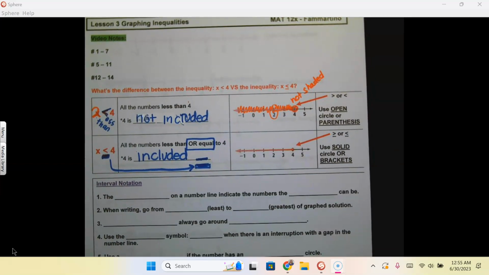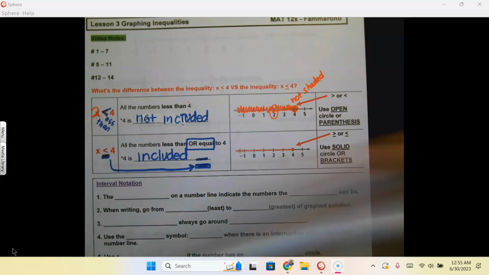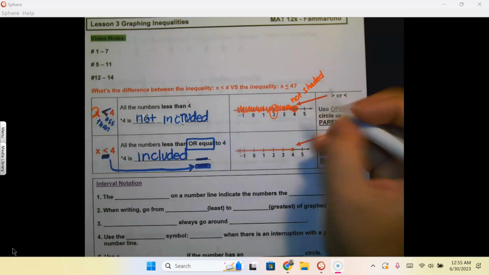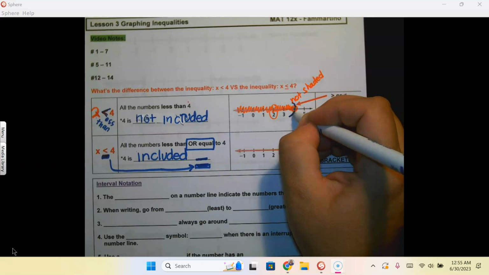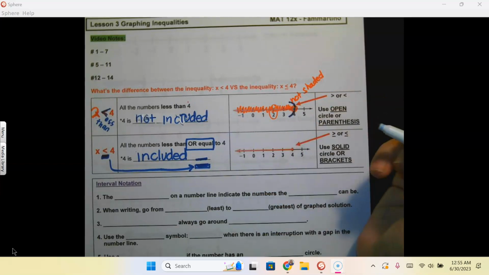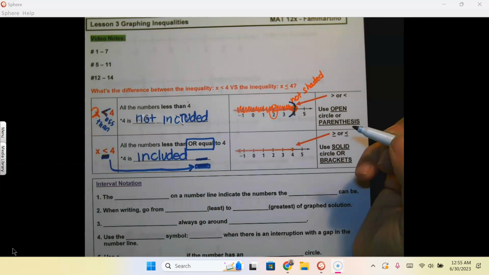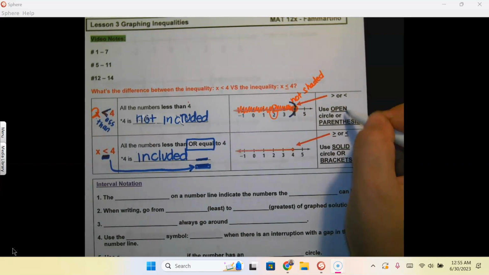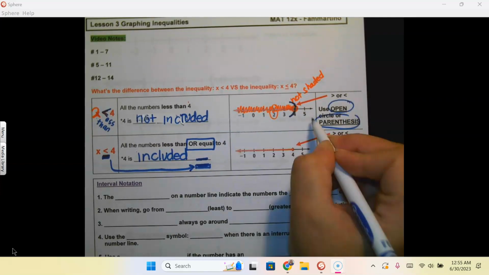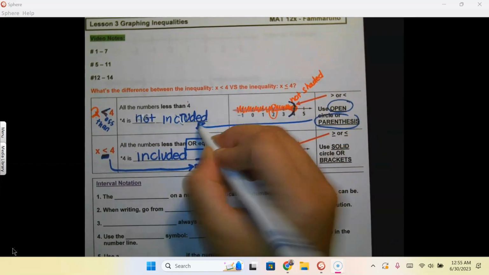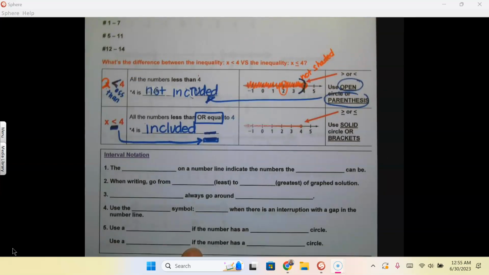Now, we can use an open circle or the other way of doing it instead, and you could put both, I don't mind, but instead of an open circle, the other symbol we use is a parenthesis. A parenthesis is used to show that the number that it's on is not included. So an open circle and a parenthesis both mean that number is not included.